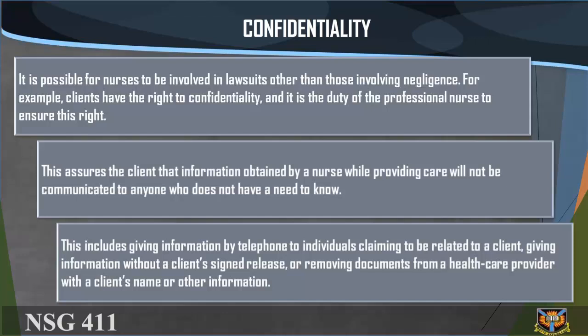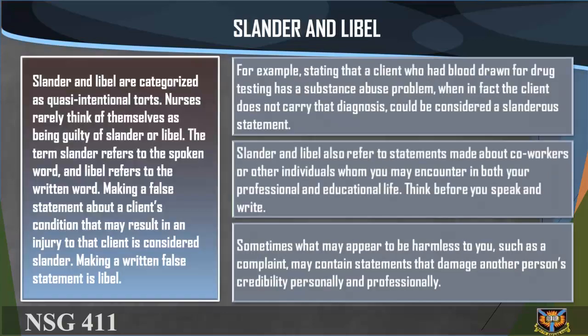This includes giving information by telephone to individuals claiming to be related to the client, giving information without a client-signed release, or removing documents from a healthcare provider with a client's name or other information.